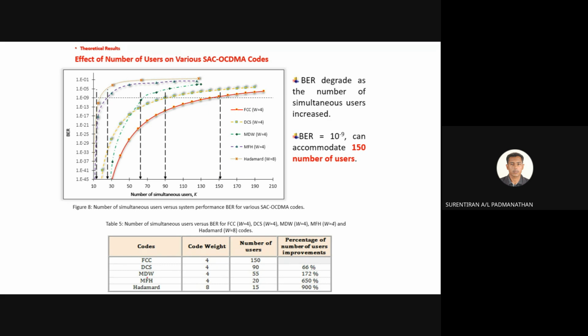This is for FCC, DCS, MDW. So what are the code weight and number of users? From here we can see number of users and percentage of number of users improvements. From the table itself, I don't have to look into this graph, but these values are taken from this graph.